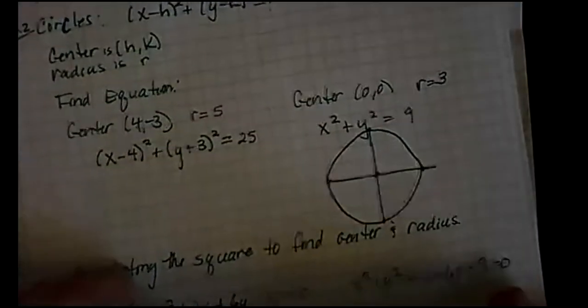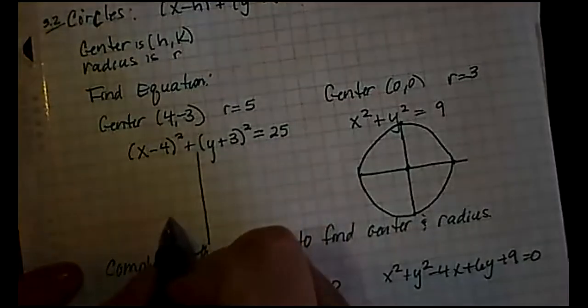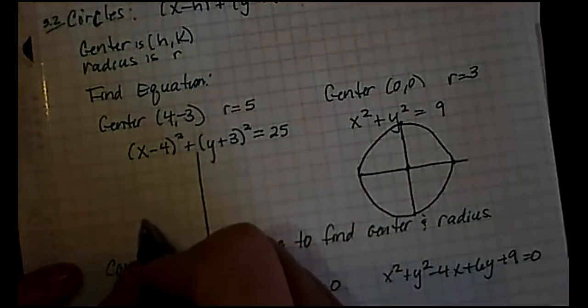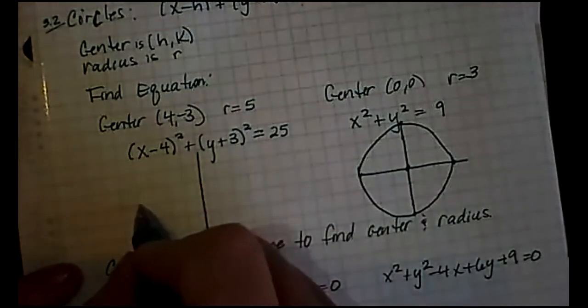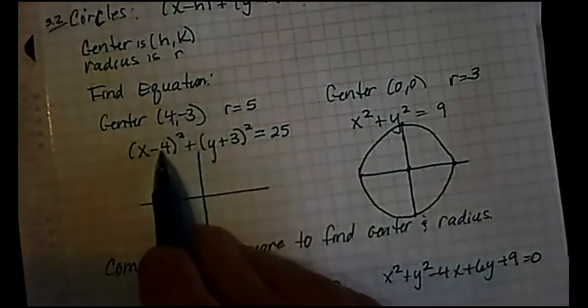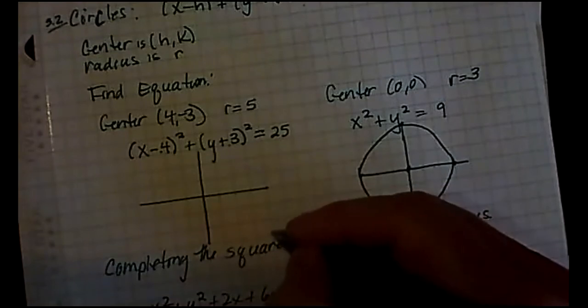Now this one has a little bit of a shift in it. Again, I might run out of room here. I'm sorry, I didn't do a very good job planning that. So the center is (4, -3). We go over 4: 1, 2, 3, 4, down 3.